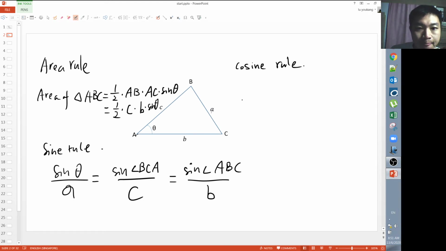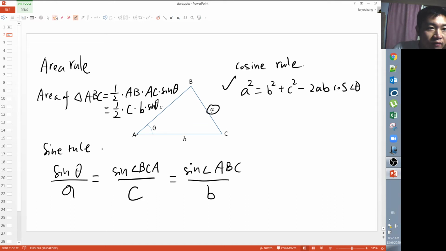Cosine rule says if you want to find out your a square, what you need to do is take your b square plus your c square minus 2bc cosine angle theta. All right. So this is your cosine rule formula. So how can we remember it better, or how can we make use of our cosine rule?